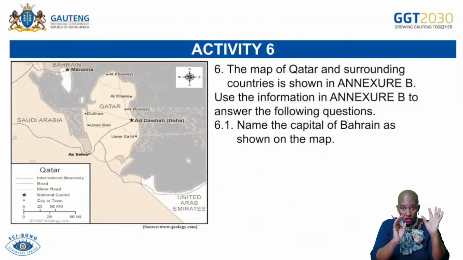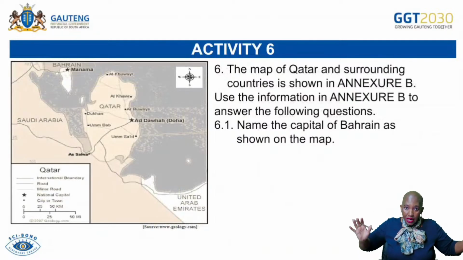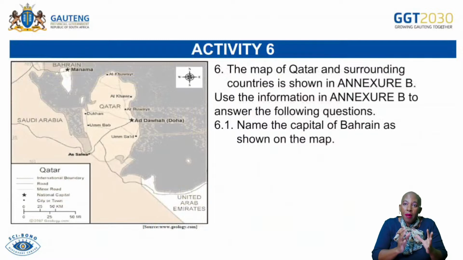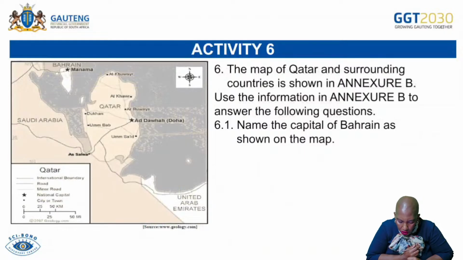This extra sheet will clearly show every detail of the map. It will be enlarged, made bigger. And remember, in real, it is big, but because it is on a map, it has been resized. Now we say, use the information in Annexure B to answer the following questions.